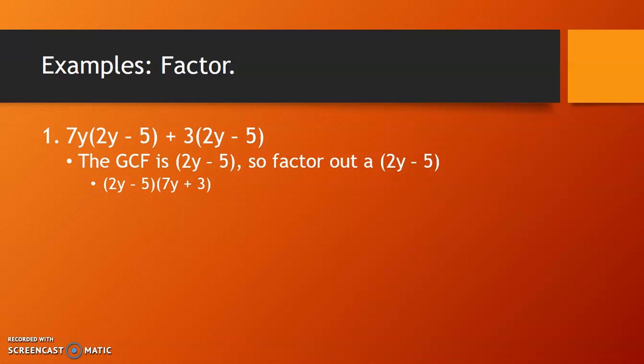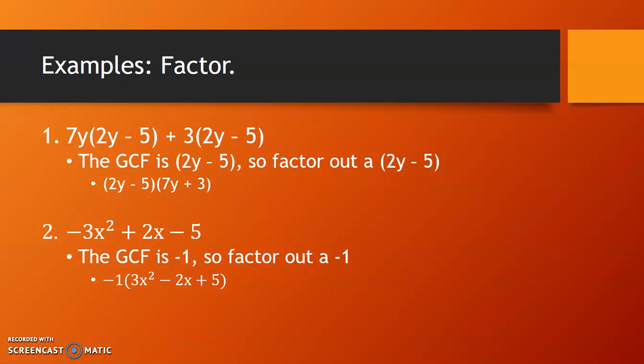For this one, I can pull out that 2y minus 5 from each term, and what I'm left with is that 7y and that 3. So you can see how I included that in its own set of parentheses. I pulled out that quantity, 2y minus 5, and whatever was left, you throw into another set of parentheses.